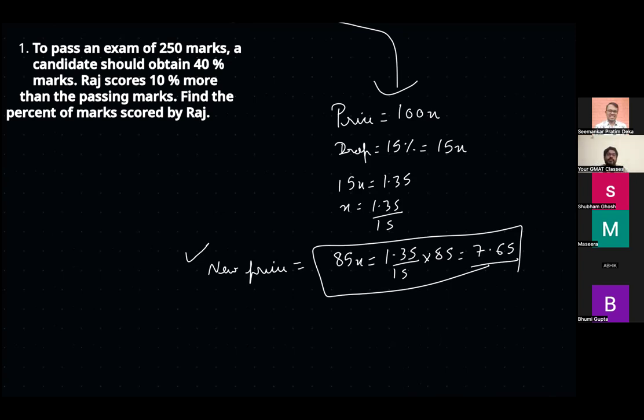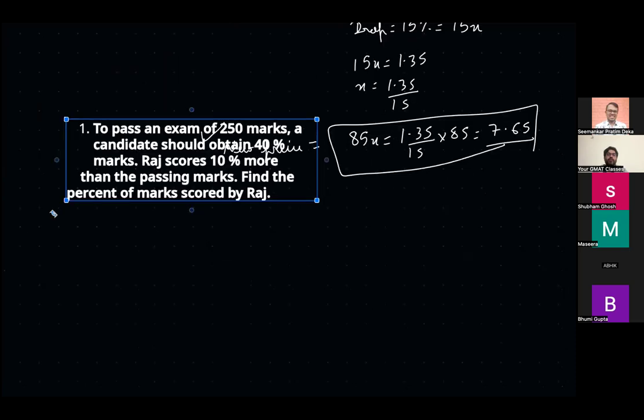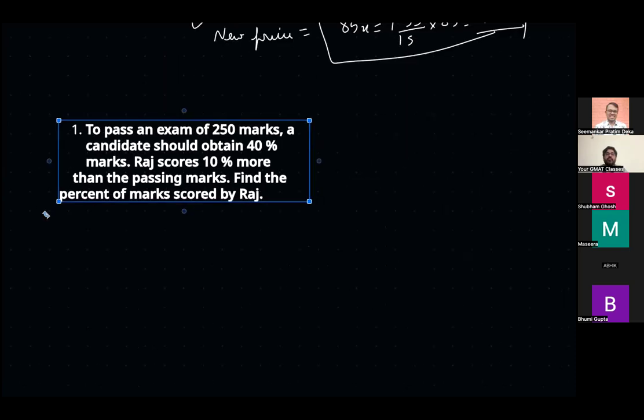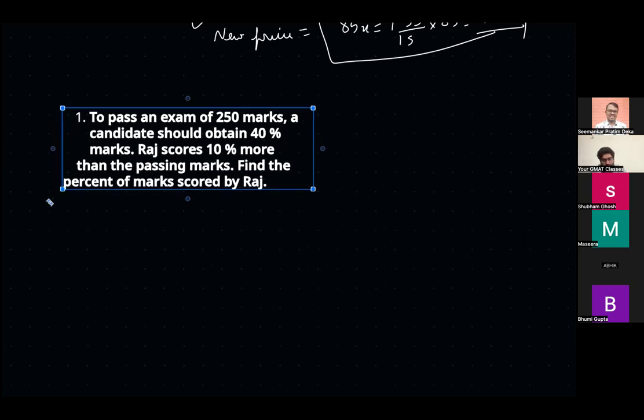Second question. To pass an exam of 250 marks, a candidate should obtain 40% marks. Raj scored 10% more than the passing marks. Passing marks is 40 by 100. Yes, Shalak, that's correct. 40 by 100 into 250, which will be 100 marks.